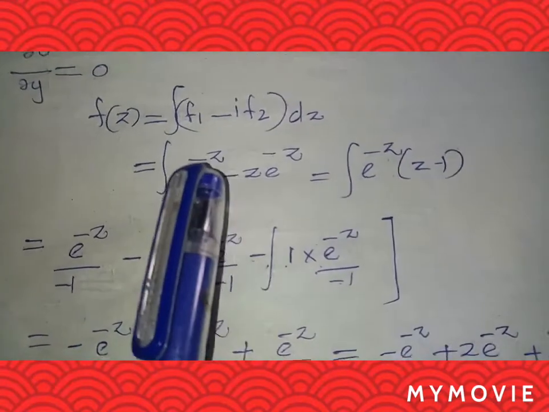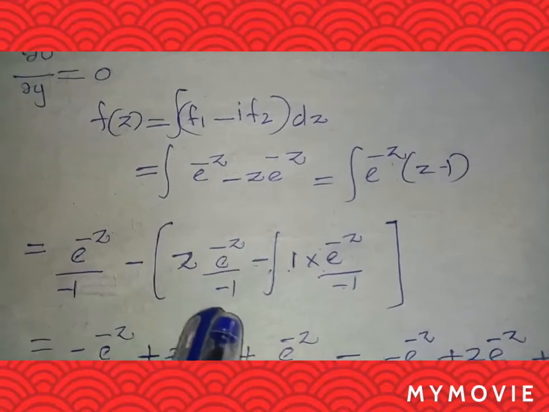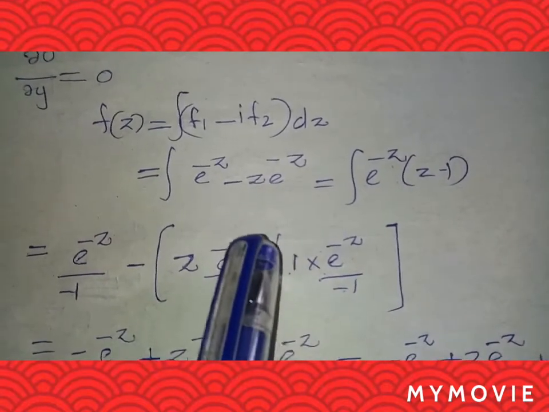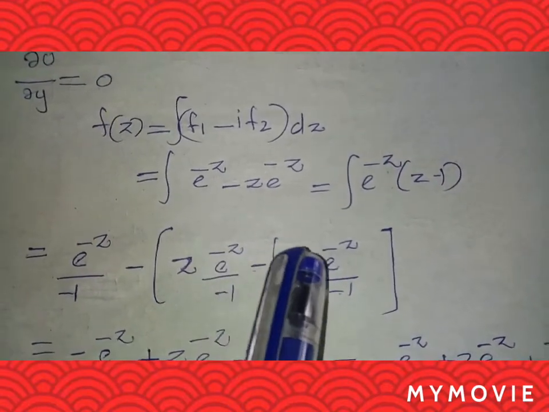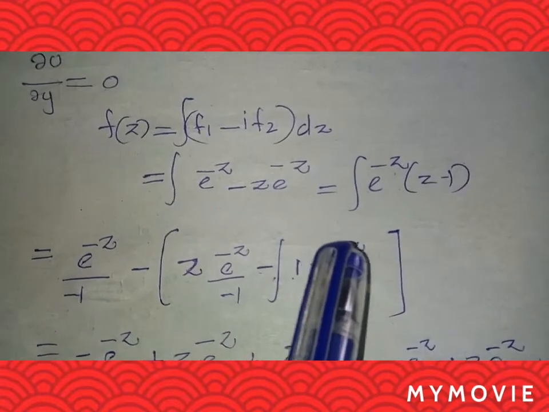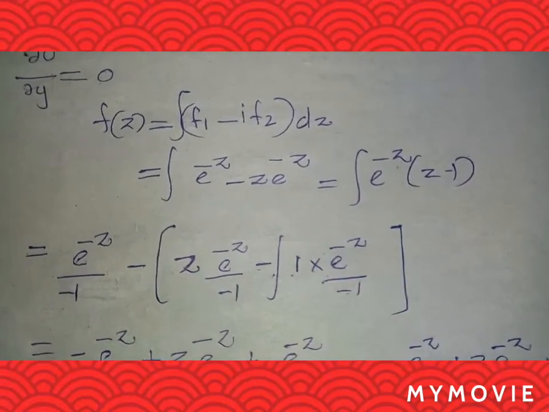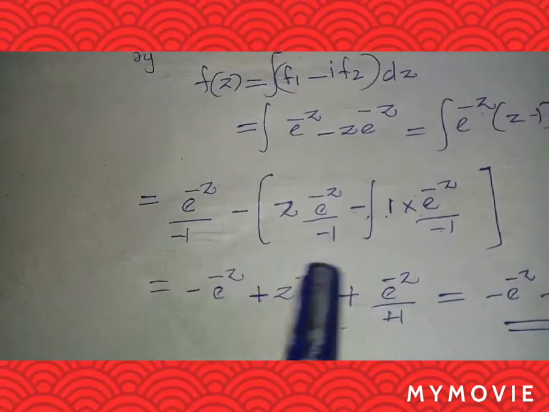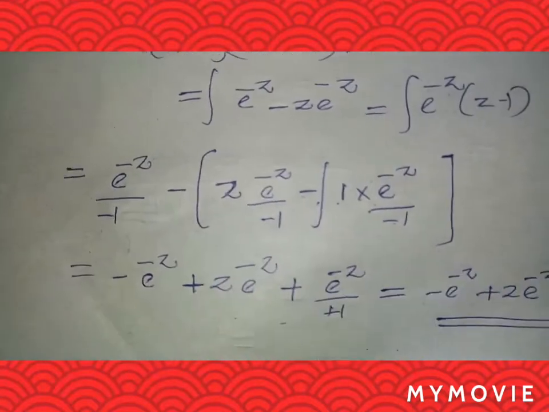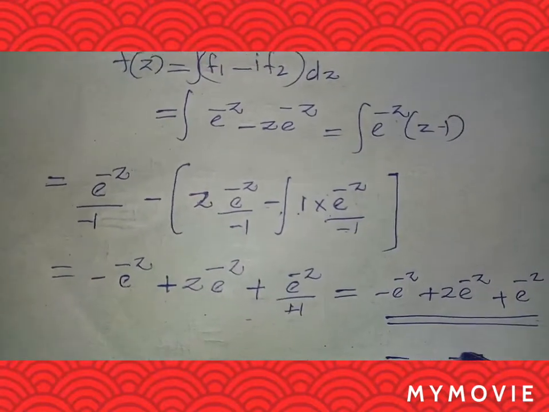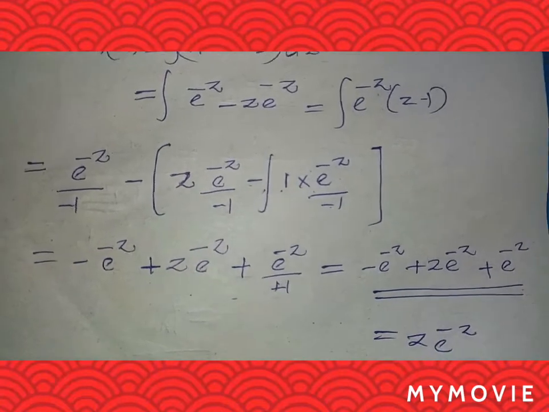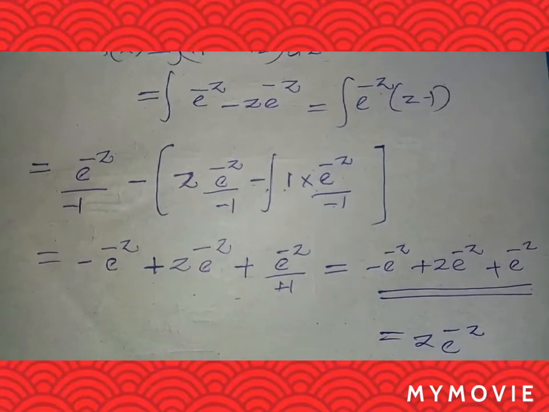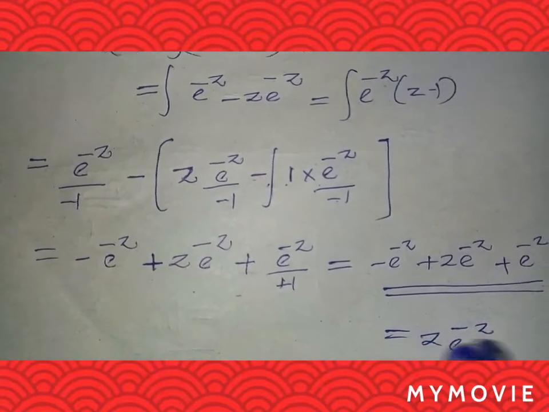First function z into e raised to minus z by minus 1, minus integral of derivative of z, that is 1, into integral of e raised to minus z, that is e raised to minus z by minus 1. From this simplification, we get the answer z e raised to minus z. Okay, so we get the analytic function z e raised to minus z.